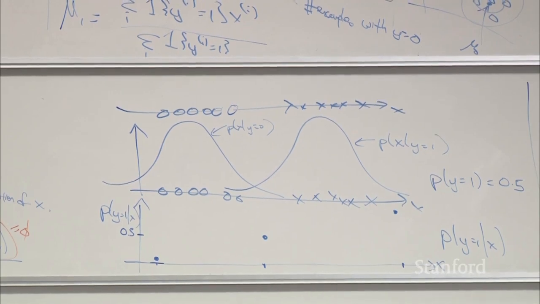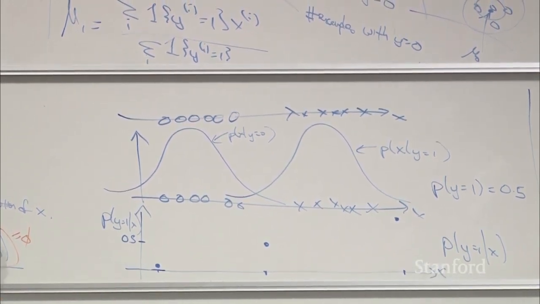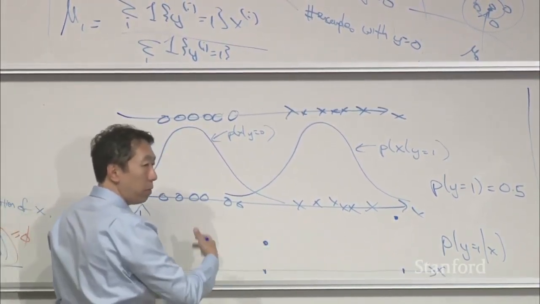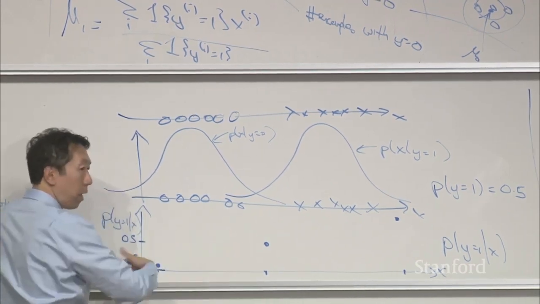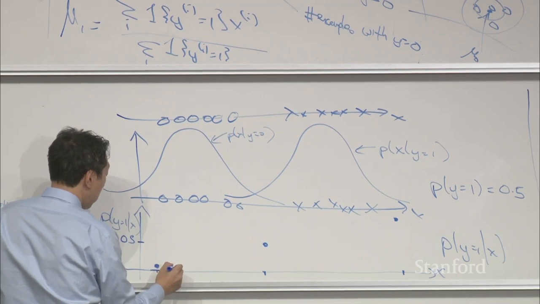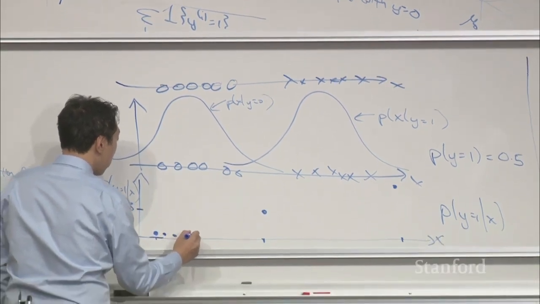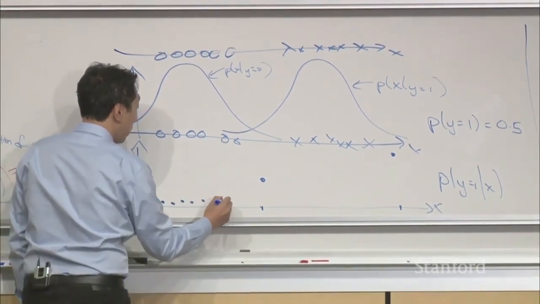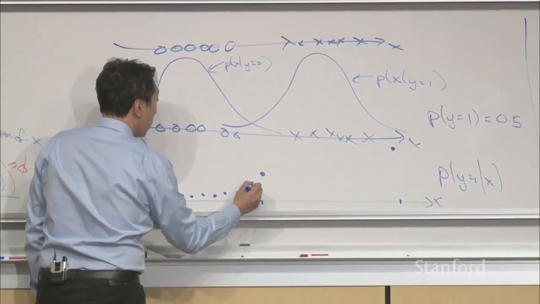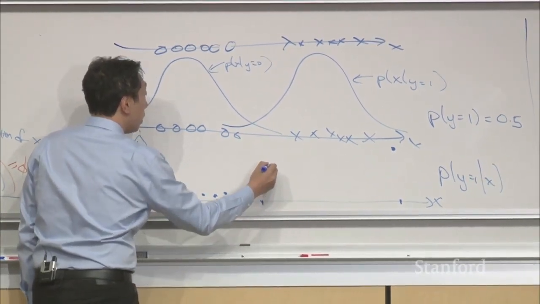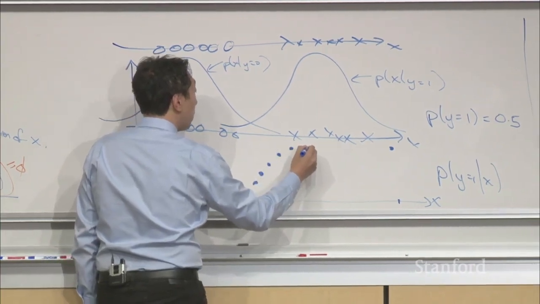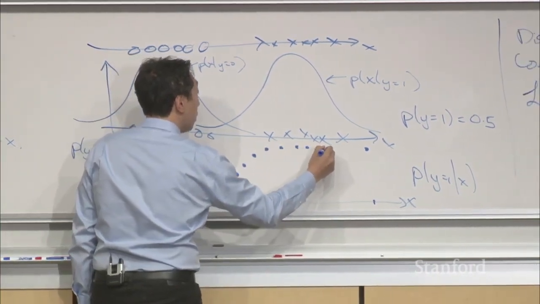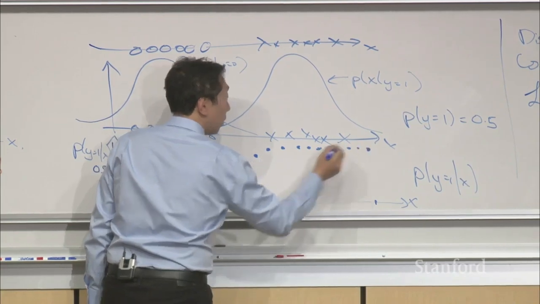Now, if you repeat this exercise, sweeping from left to right for many, many points on the x-axis, you find that for points far to the left, the chance of this coming from the y equals 1 class is very small. As you approach this midpoint, it increases to 0.5 and then surpasses 0.5. And then beyond a certain point, it becomes very, very close to 1.